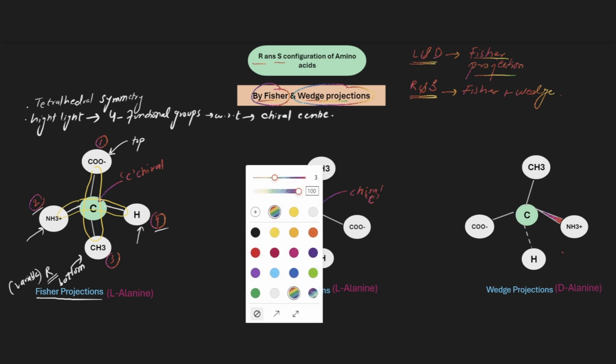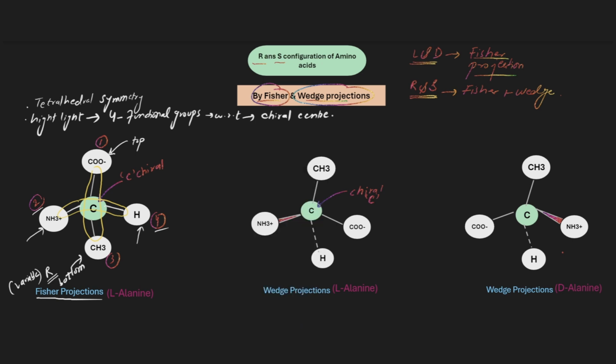Now here you can see the arrangement of the bonds is a bit different. So first of all, keep in mind that wedge projections represent the bond positions with respect to the plane, so they differentiate the functional groups based upon their position with respect to the plane.